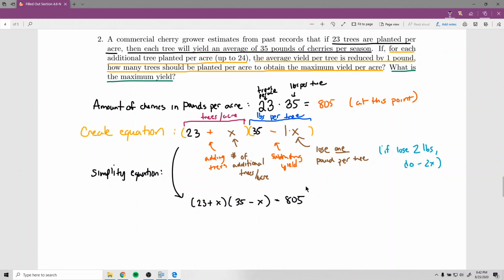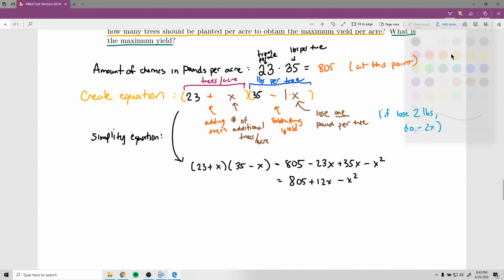I didn't even think about that. Is 805, we've already done that. Then 23 times negative x is minus 23x. X times 35 is positive 35x. And x times negative x is negative x squared. And then I'm going to just combine the like terms here. Negative 23 plus 35 is positive 12.